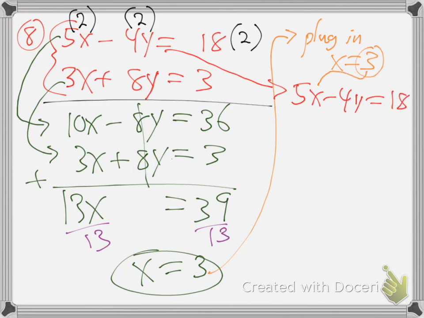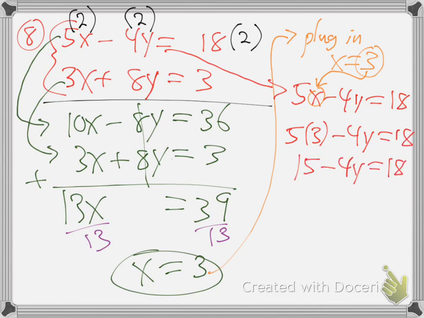Grab that 3 and plug it in right there for x. So we get 5 times 3 minus 4y is 18. What's that? 15 minus 4y is 18. And here's y saying I want to be alone. Yeah, subtract 15 on both sides.